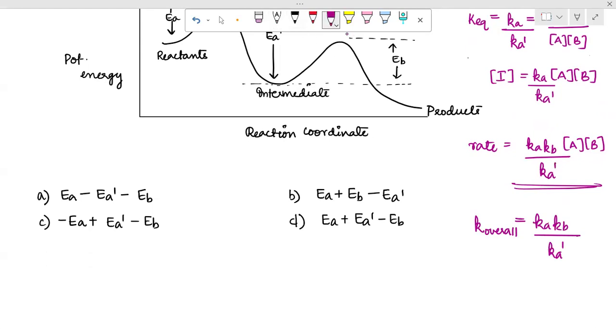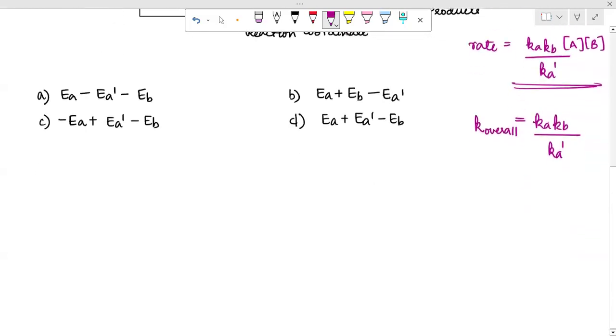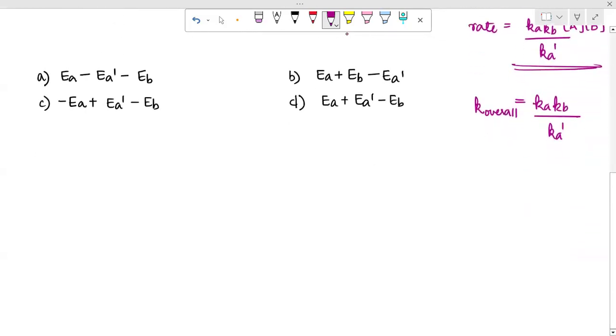Okay. Now, if you have a relation like this among the rate constants, with Arrhenius equation, we already know how to simplify this and write it in terms of the activation energies. I'll just summarize how that is done. For example, if you have two rate constants like this, K1 into K2. Now I'm explaining this so that you get a better understanding.